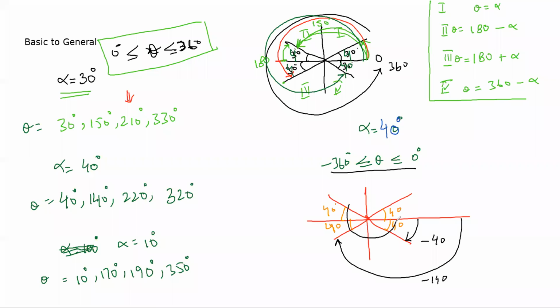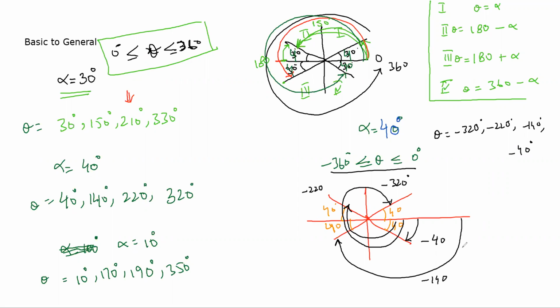This one is minus 220, and this one is minus 320. So these general angles are minus 320, then minus 220, then minus 140, and then minus 40 degrees.